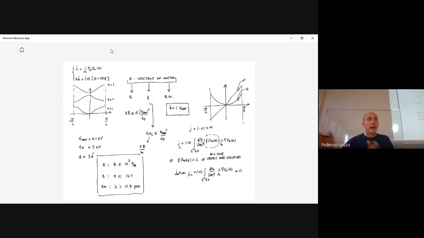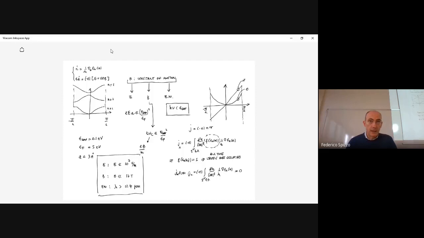In half the first Brillouin zone, the velocity is positive. In the other half, the velocity is negative, and the positive values are equal to the negative values. So when you make the average of the velocity over the first Brillouin zone, the value is 0.